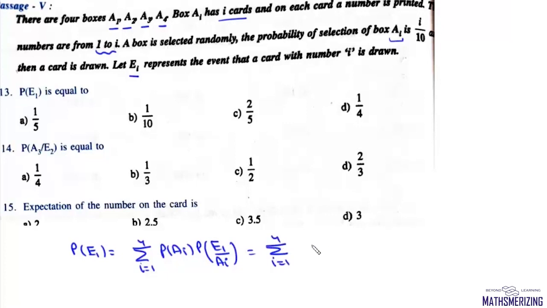Now the probability of choosing Ai is simply i by 10, and the probability of getting 1 from Ai is simply 1 by i. So this probability is simply 1 by 10. So it will be 1 by 10, 1 by 10, 1 by 10, 4 times. So there will be 4 by 10, which is 2 by 5, option C.